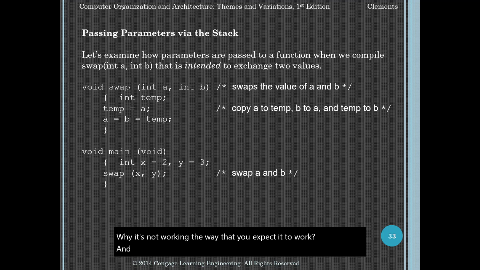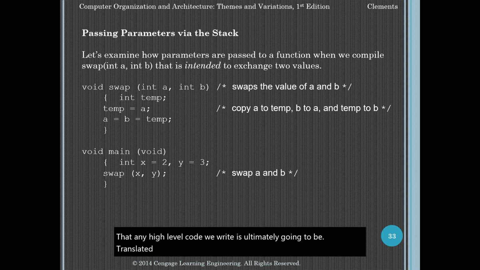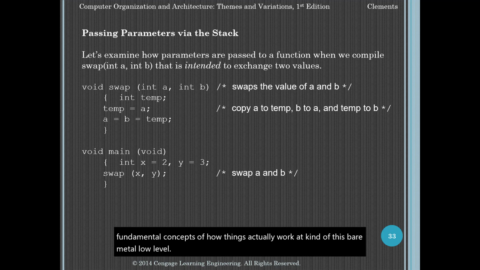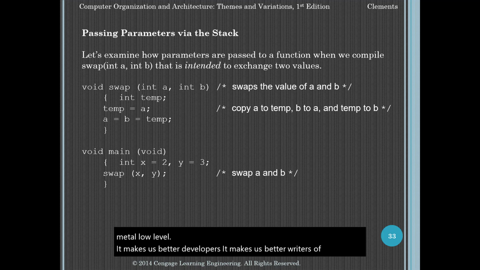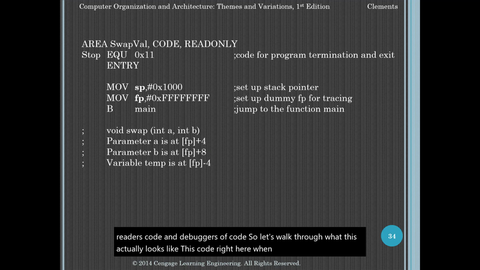And really, when we consider that any high-level code we write is ultimately going to be translated down into our assembly code, if we understand these fundamental concepts of how things actually work at this bare metal, low-level way, it makes us better developers. It makes us better writers of code, readers of code, and debuggers of code. So let's walk through what this actually looks like, this code right here, when it's broken down into assembly.